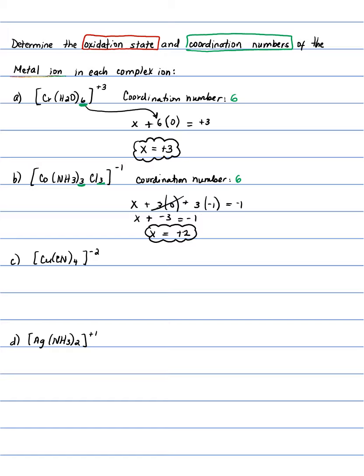You need 2 positive charges in that cobalt, metallic cobalt, because you have 3 negative charges from the chloride. The overall charge is -1. So you have 3 negatives, 2 positives. When you add those two together, that will give you -1, which is the overall charge of that complex ion.